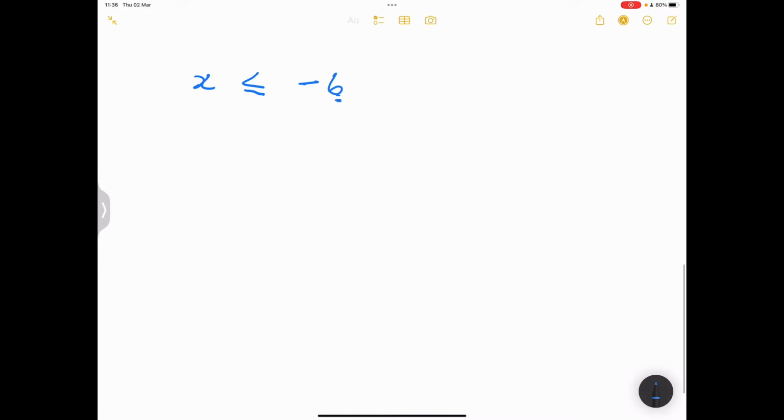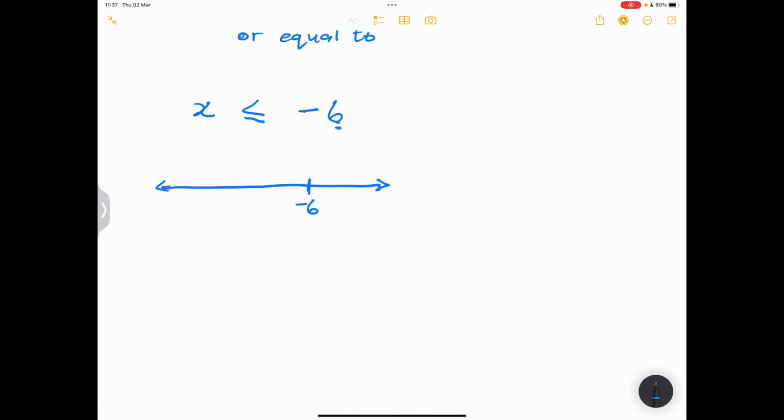So in this case, we're going to write it in interval notation. We're going to take our number line again, and this is our value -6, so the solution for the values of x is from -6. Now we include -6, and what we do is we write a dot there that is filled in.